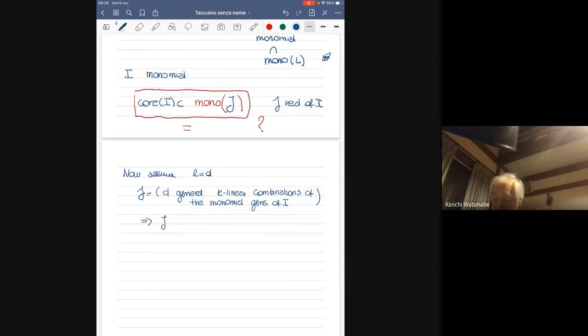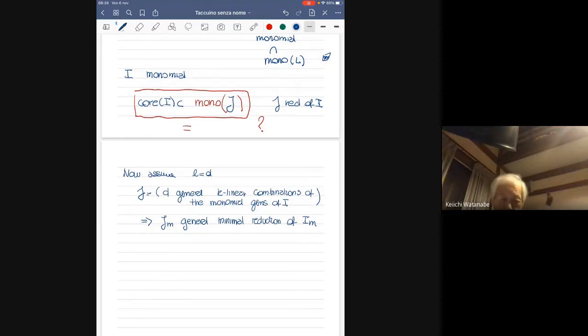So what happens if I localize, this is a general minimal reduction of I localized at M. However, in the global case, J itself may not even be a reduction of I because it could have different minimal primes.